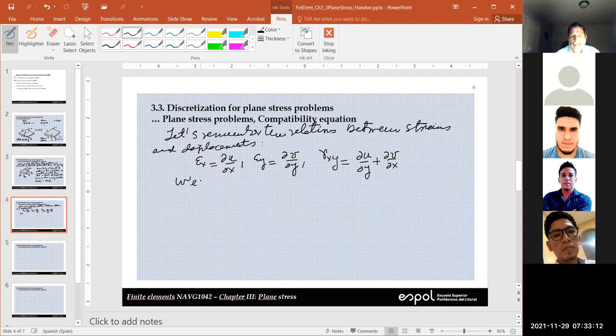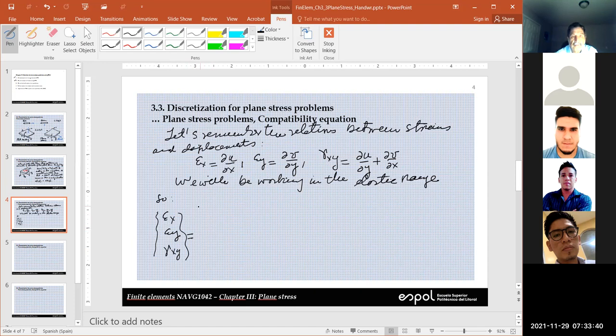So we will be working in the elastic range, so we can relate these three parameters to the stresses sigma x, sigma y, and tau xy.